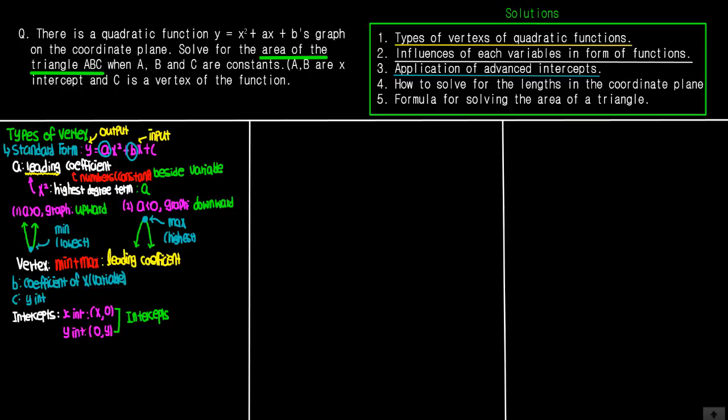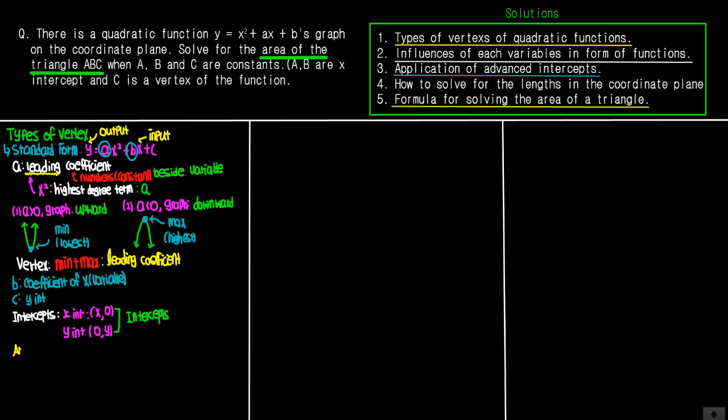And lastly, we need to think about the formula for solving the area of a triangle on the coordinate plane. The formula for the area of a triangle is exactly equivalent to the formula for the area of a triangle on the coordinate plane.